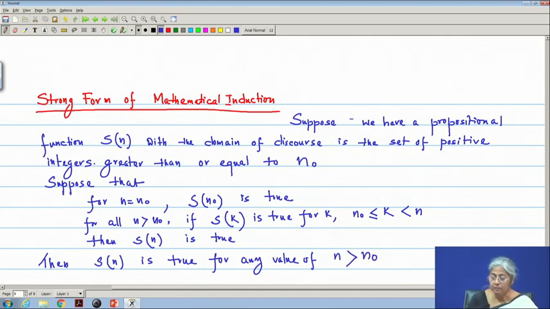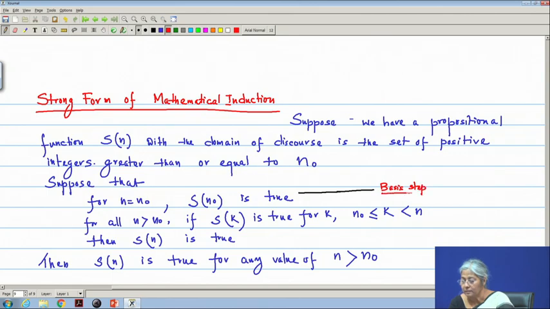Now, we first see the difference from the simple mathematical induction. So, first the basis step, this is our basis step. We have considered the general value that n equal to n0. n0 can be 1, but we can also take some other value other than 1.